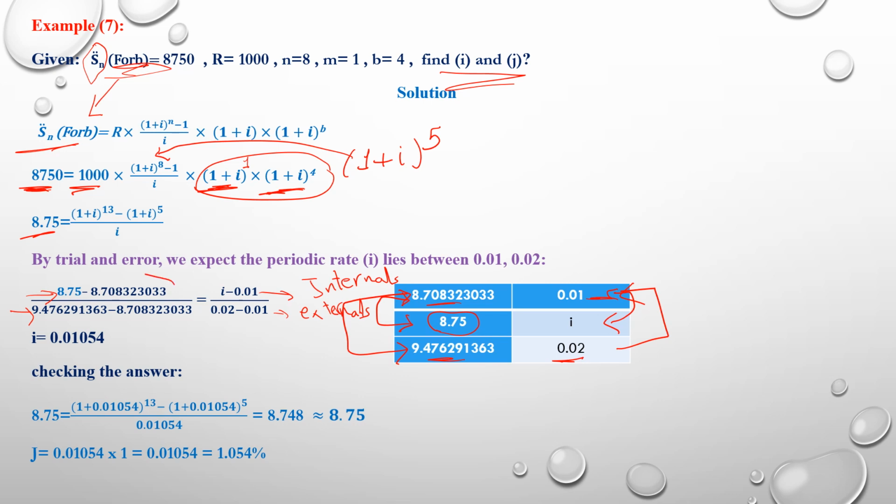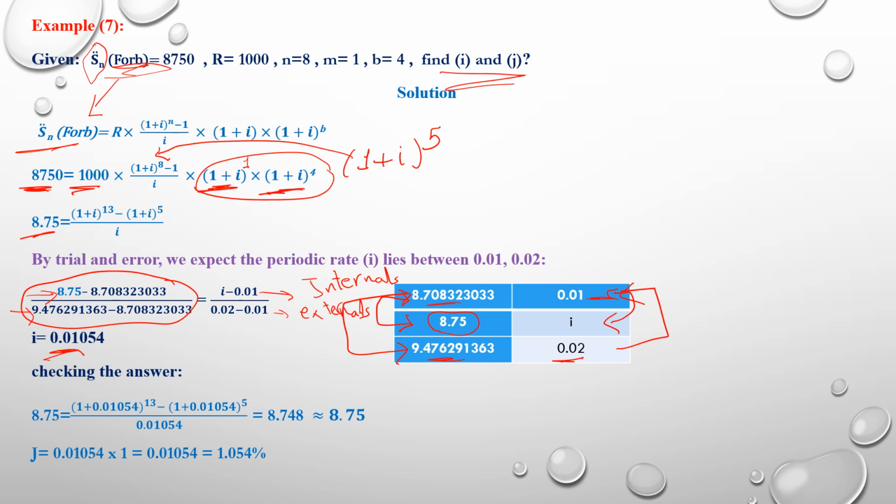By finding the quantity of this side, and multiplying this quantity times the difference between 2% minus 1%, which is 1%, this gives us I equals 0.01054.